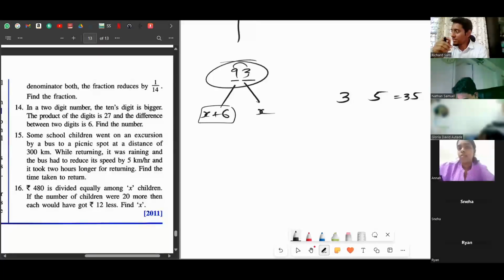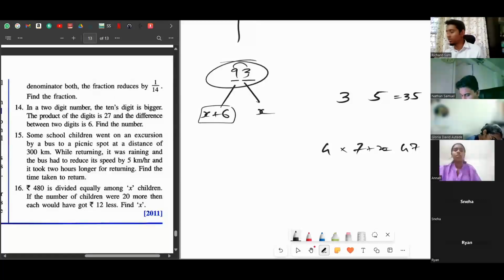Will that work for everything? That formula that you said should work for any two-digit number. If I give you 4 and 7 also, I should be able to use the same formula to get 47. So what you said, 4 into 7 plus 20, will that work here? No. It should work everywhere.